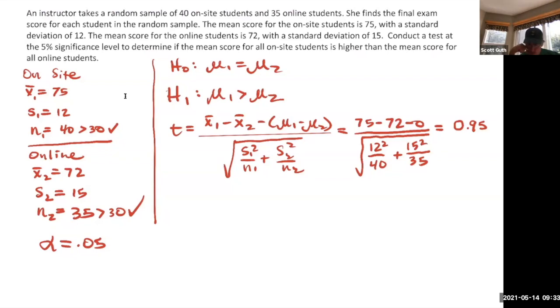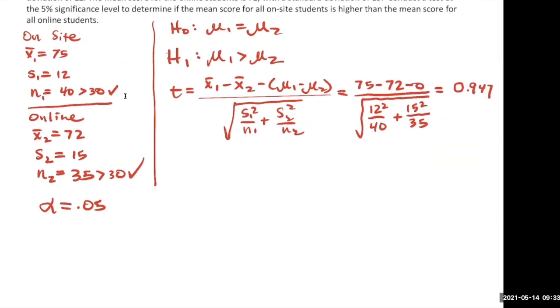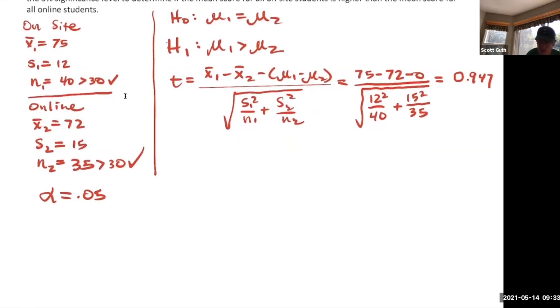Well, I'm checking my numbers here. 12, 15, 40, 35, 75, 72. Because I got 0.947. Yeah, me too. Okay. Since that's confirmed, I'm going to go with the 0.947. And I'd just say you could check your numbers. You're really close. So there's just a small thing.